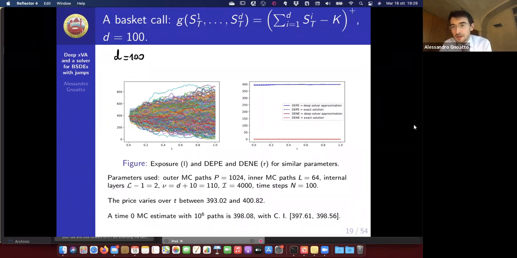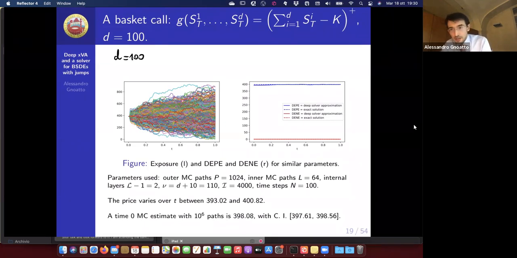This is something which is highly non-trivial if you use the standard numerical techniques, and this is where machine learning really helps us, because here we really face the curse of dimensionality. If you start considering the credit exposure of this product using standard algorithms such as PDEs, you will have a hard time.